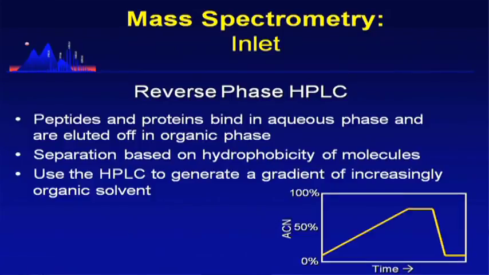So we use our HPLC pump to actually create a gradient of increasing organic solvent under pressure. Here for example, over time we increase the amount of acetonitrile that we flow over the column.